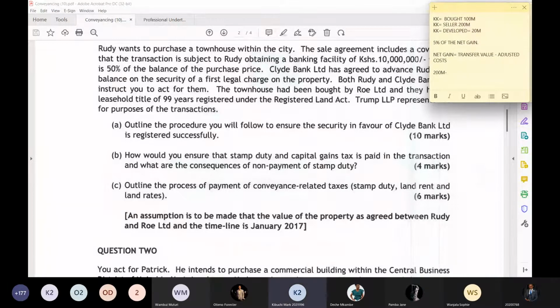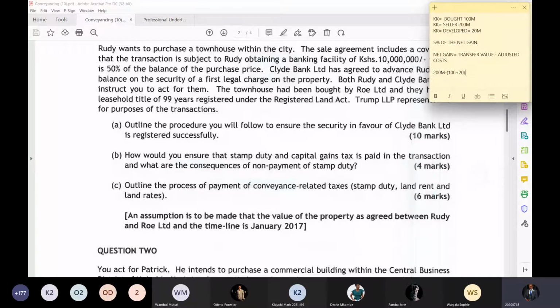You less the 20 million and the 100 million for the initial buy? Correct. The adjusted cost is basically the price at which you bought the land plus any developmental costs that you've incurred over the years.